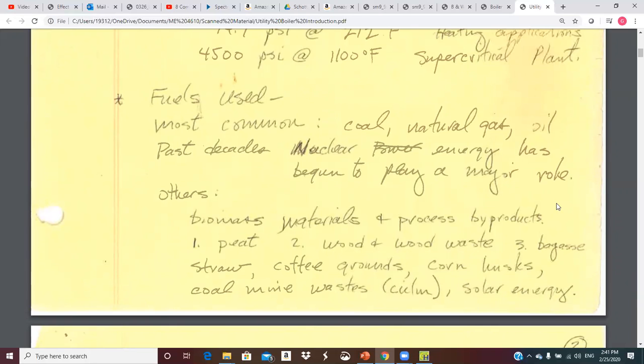Everybody from Louisiana? Well, ask her what that is. I bet she knows. That's what's left over when you process the sugar cane, the hulls and stuff. Down there, there's lots of that stuff, and it can be burned as a boiler fuel. Corn husk, all kinds of stuff.